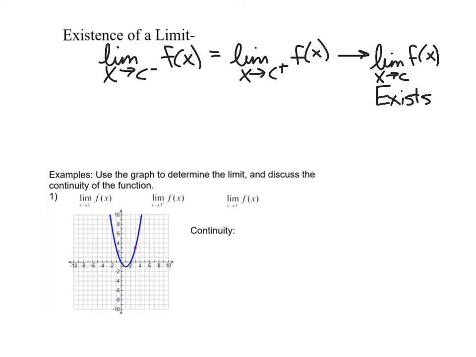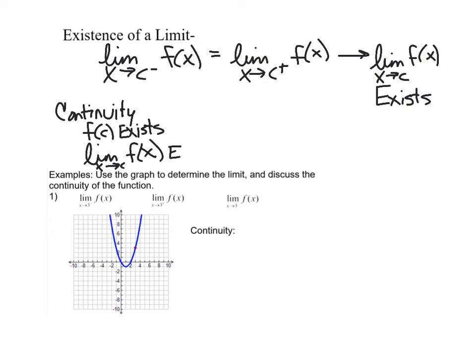Again, we can go one step further with continuity then, because we know that if the function value at c exists and the limit as x approaches c of f of x exists, if these two values equal each other, then that means that f of x is continuous at c.